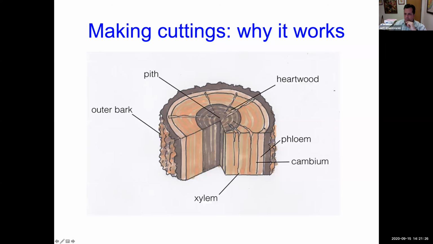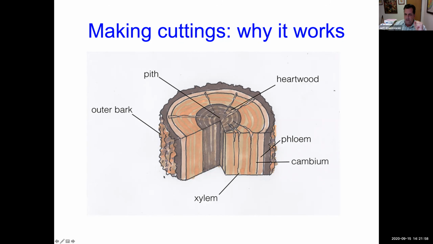In the phloem, the energy the leaves make goes down, and it's also attached to some auxins. So the auxins are telling the plant when you get to the end of the line, I want you to make roots. So that will go all the way down to the roots, and then it makes roots. In the xylem, water and nutrition goes up.